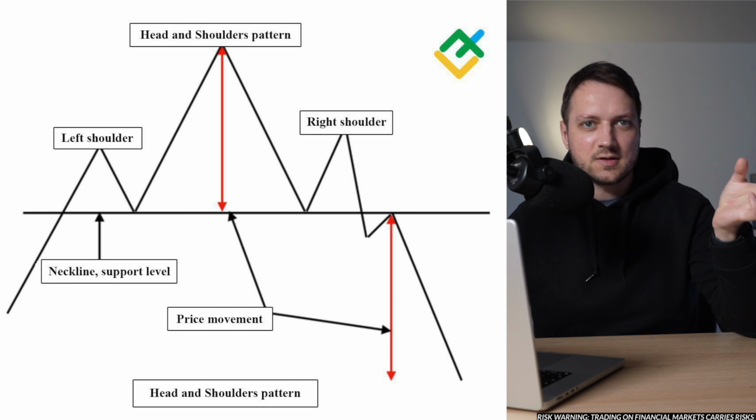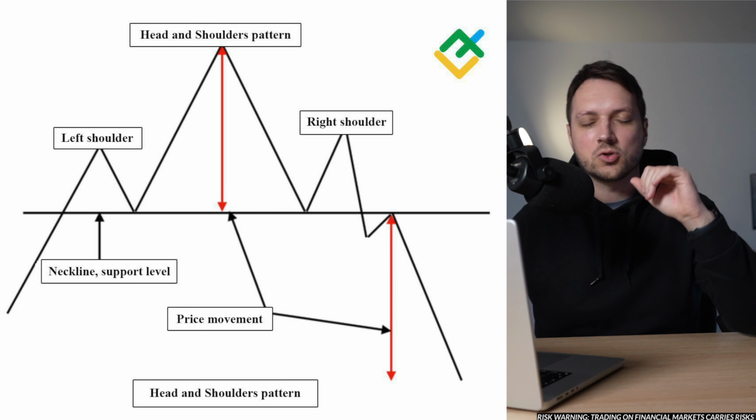But if you see that the right shoulder is slightly higher, it means that this pattern is, we could say, more precise, and therefore the probability of it working out should be higher than without this level difference between the shoulders.